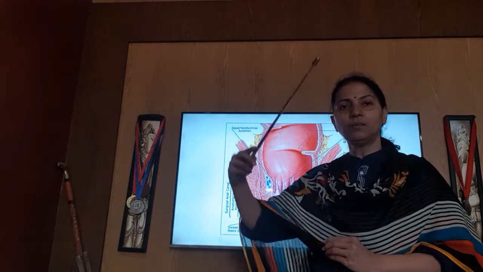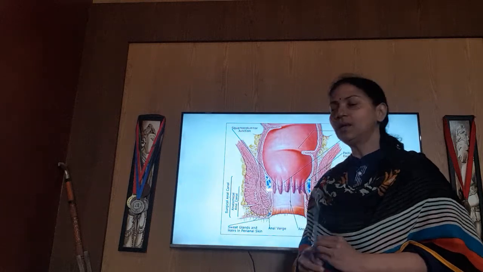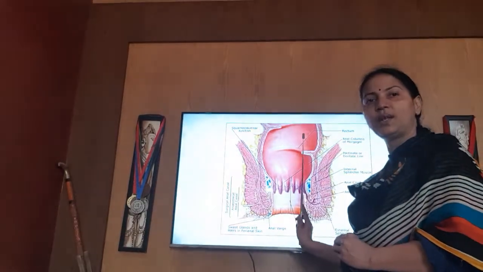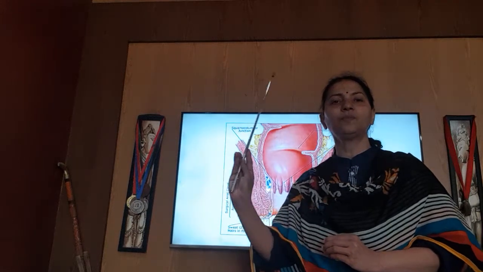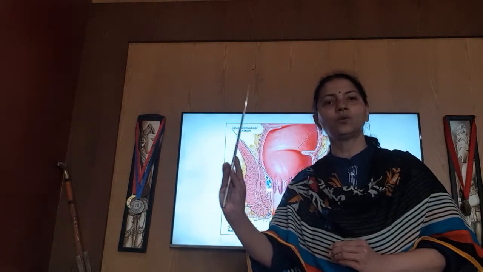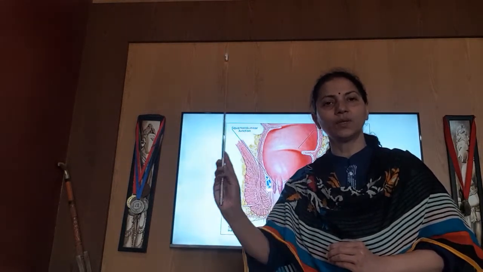Later on, a septum is developed in between, and that is why the digestive system remains posteriorly, while the urinary system, that means the urinary bladder, ureter and all those structures, go anteriorly.